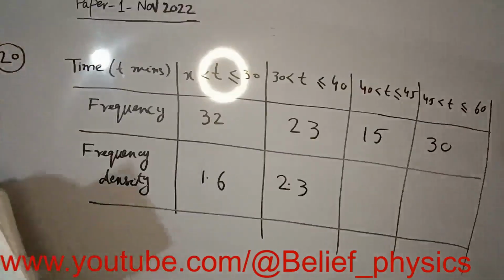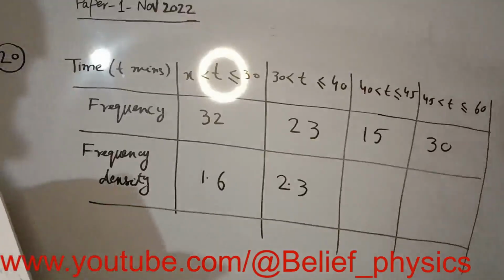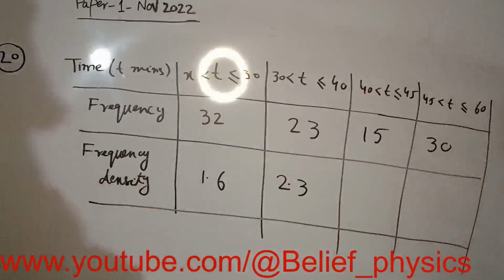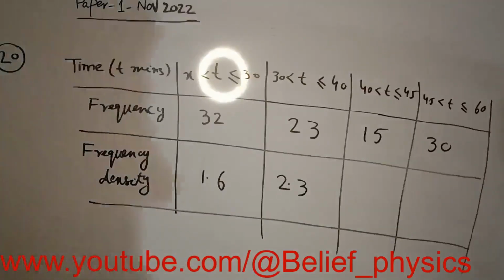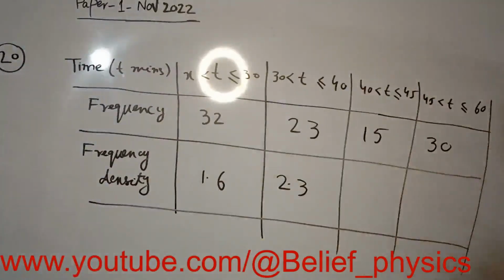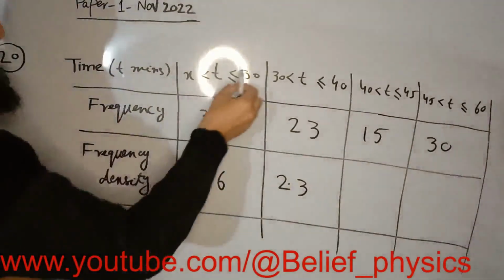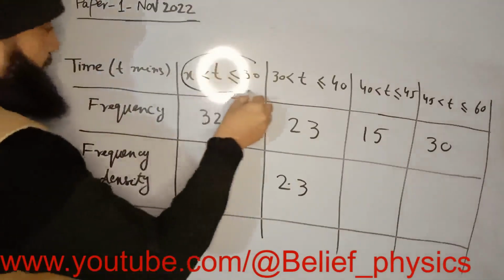Now the question, part A, is to find the value of x in the interval x is less than t, t is less than or equal to 30.